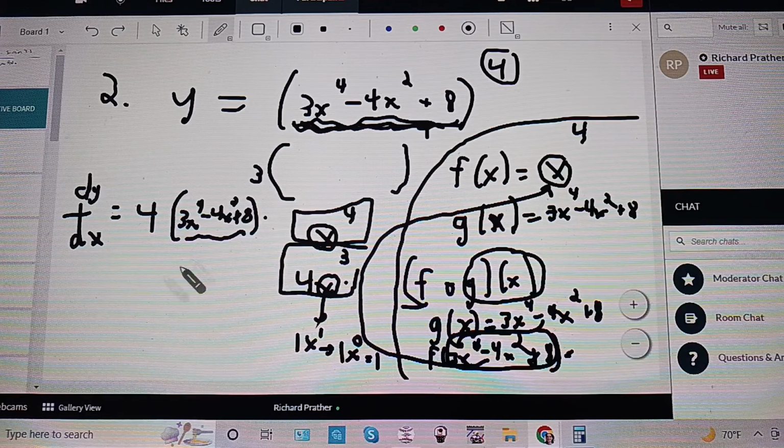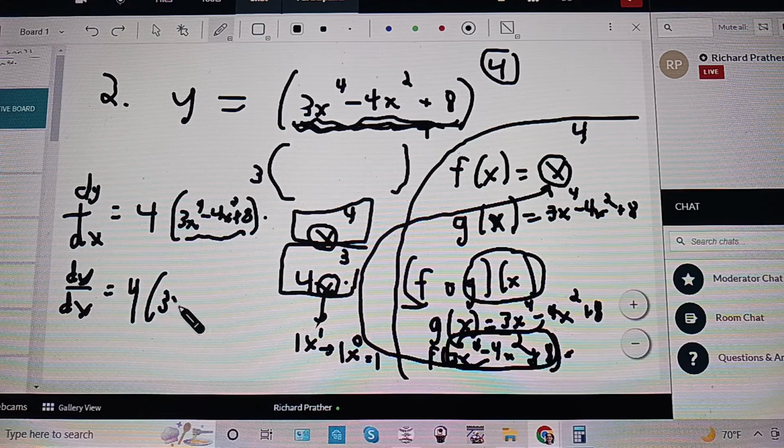So I need to tack on, let me write this a little better, dy over dx. You're kind of doing the outside part first, 4 times the base raised to the third power, and then times the derivative of the inside, and that's just doing the power rule over and over again.